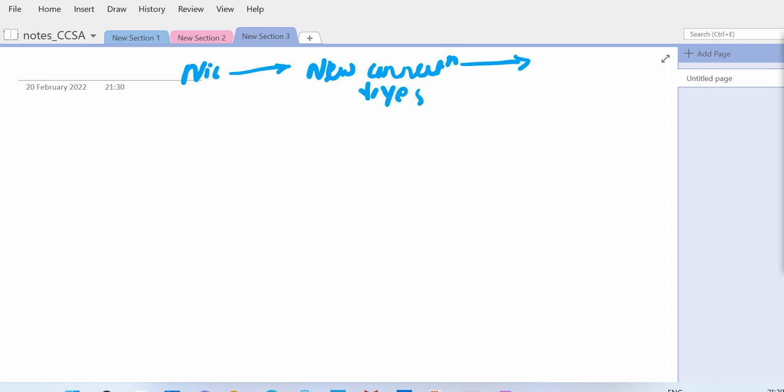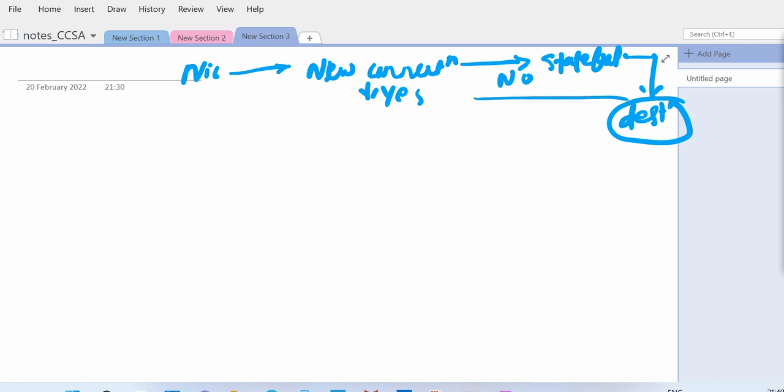If it's no, and the new connection is not there, then based on your stateful feature, the packet goes directly to the destination. As I have already explained what processing happens in stateful inspection, using that the packet goes to the destination. So I hope this part is clear about the stateful.